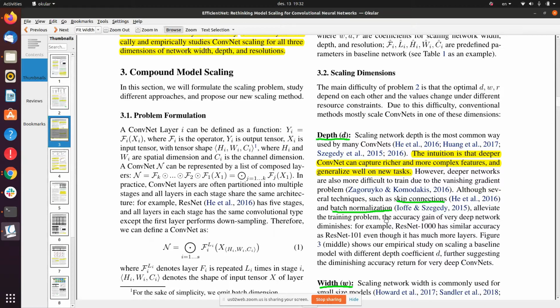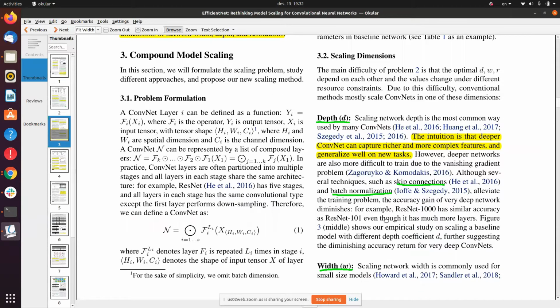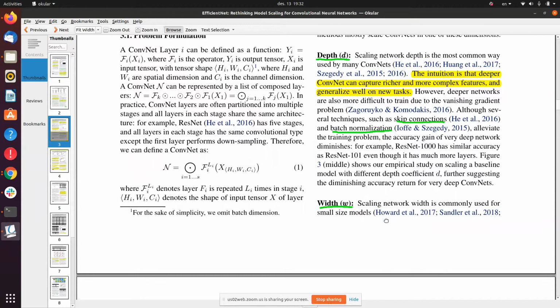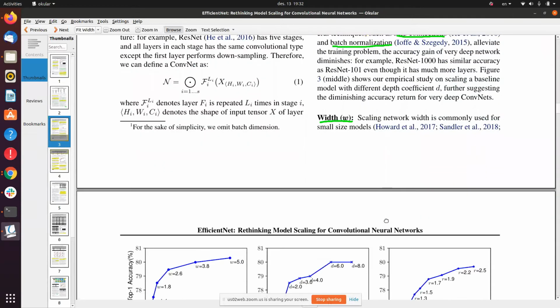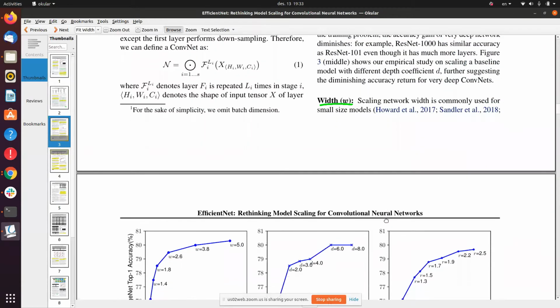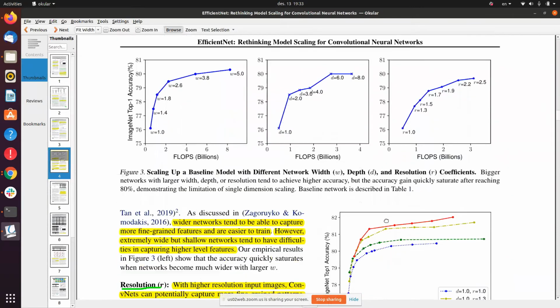When you increase the depth, our assumption is we might fall into the vanishing gradient problem, something that might occur by default. To reduce that, we can use techniques like batch normalization and skip connections that they have mentioned in this section. Next, going to the width, again they have referred to something like wide resolution networks, the same references.